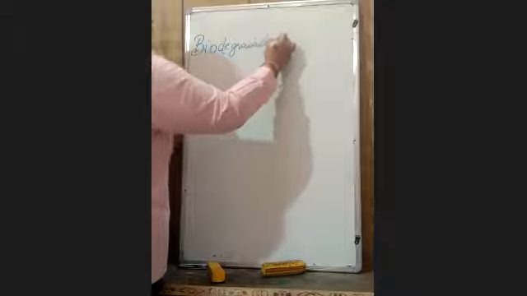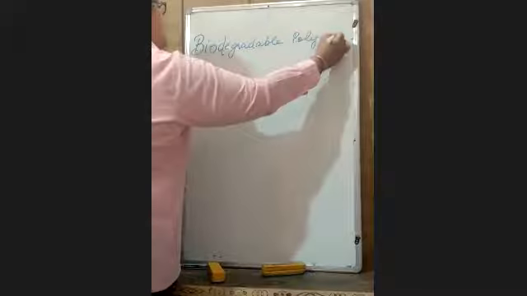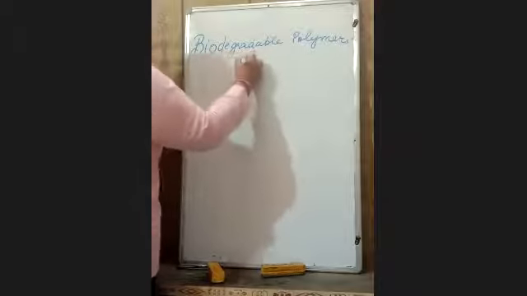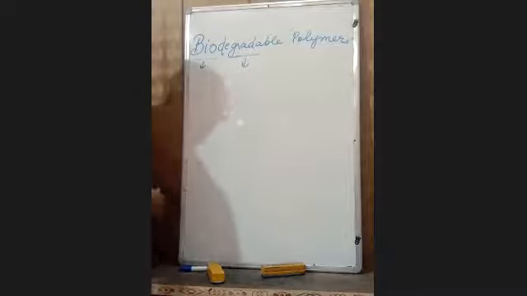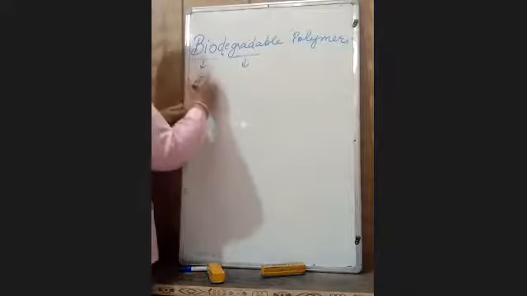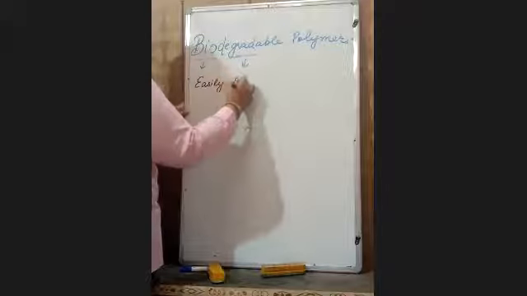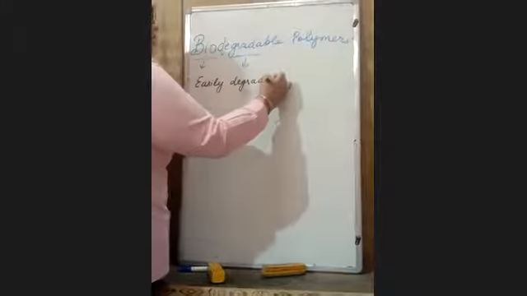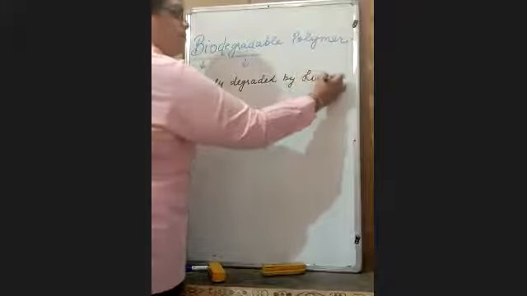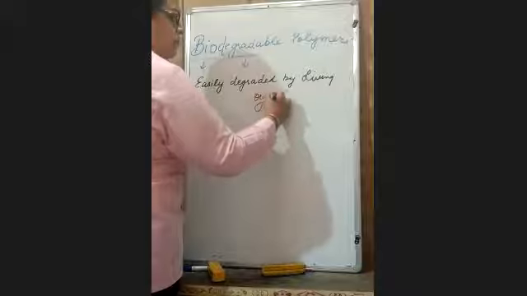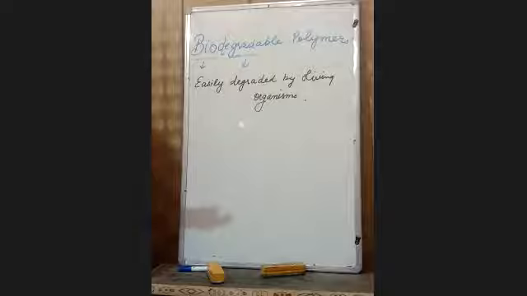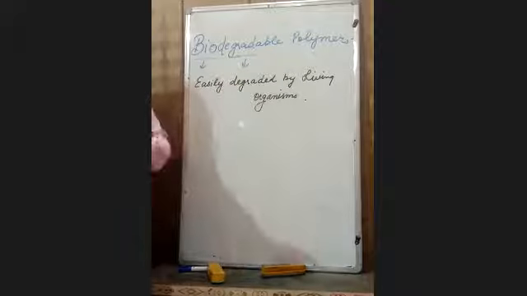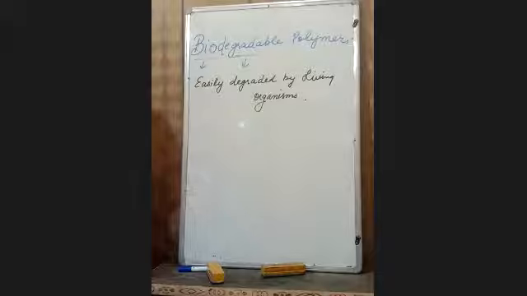Bio means living, degradation means breakdown. The polymers which are easily degraded by living organisms are your biodegradable polymers. Or in short, I will say it is less polluting in nature.